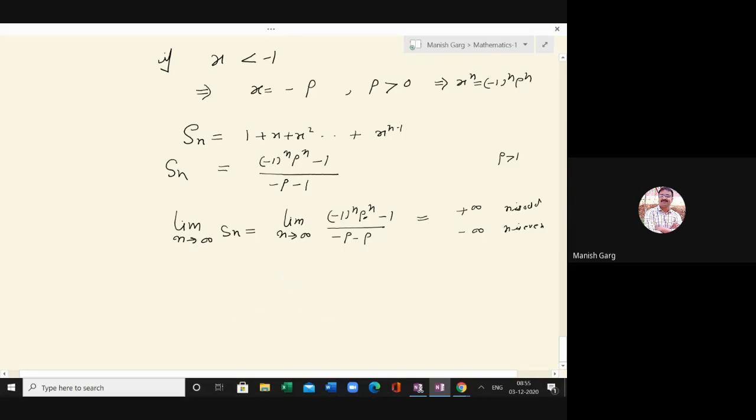So normally you can say this series summation n equals 1 to infinity of an diverges, but it diverges sometimes to plus infinity, sometimes to minus infinity, or you can say it oscillates. Is it clear?